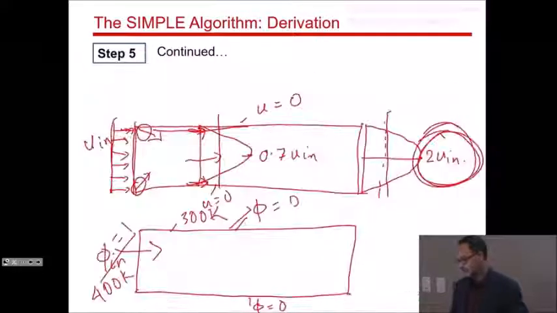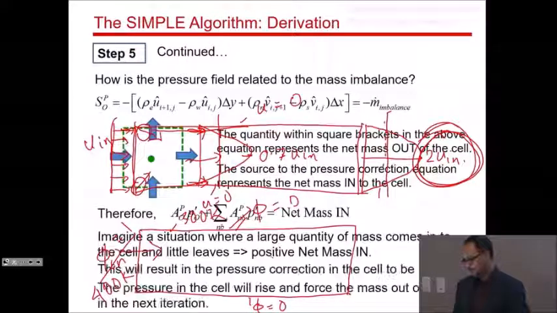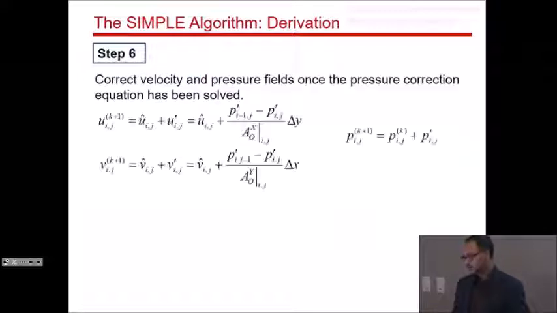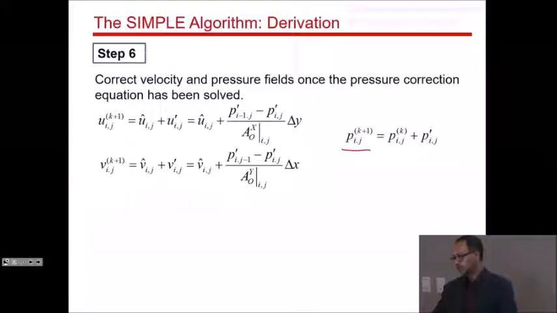But the idea is the same. Once you solve the pressure correction, all you have to do is correct everything. My new pressure is my old pressure plus the pressure correction, and my new velocity is the old velocity plus the velocity correction, and the velocity correction has already been expressed in terms of pressure correction.